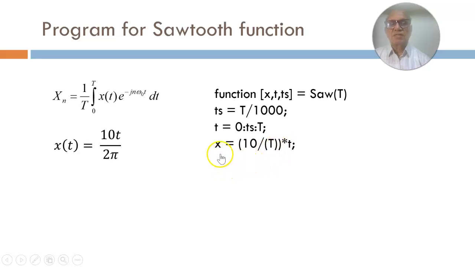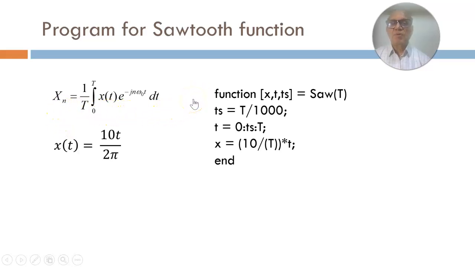So that is your x. So all these output parameters are now generated here, ts, t and x, and you can end the function. This function is going to be called by the main program, and it will use the sawtooth function that it returns in order to compute the frequency spectrum.